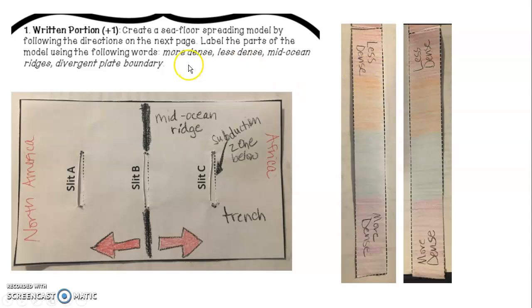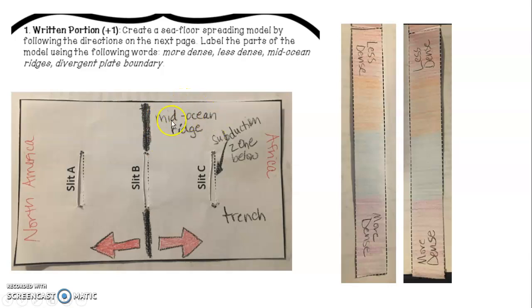Notice it asks where to label more dense, less dense. More dense, that's that heavier rock that's going to sink. So those are going to be on the outer edges, where the less dense is going to be where it is more pliable, warmer, and is right there to be used as the new rock being made.